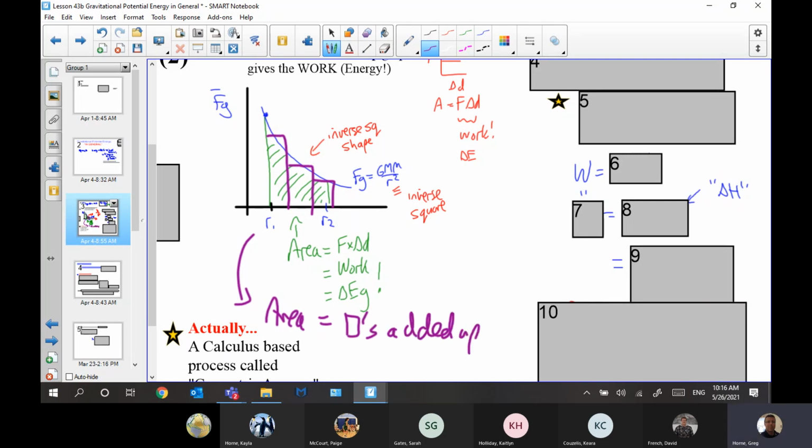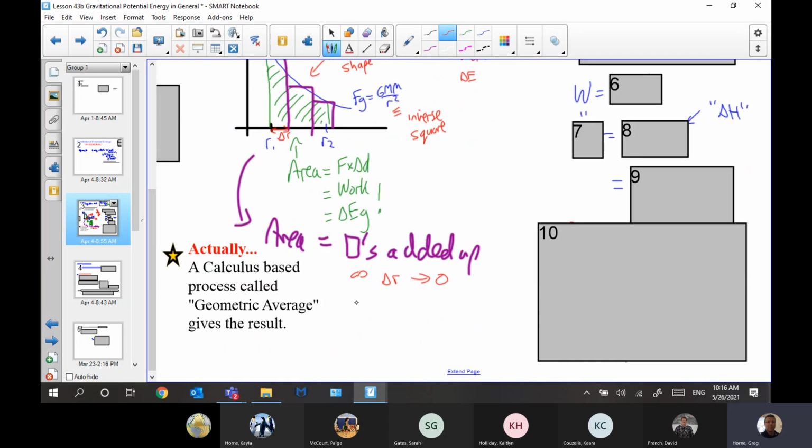And then the idea is this size here. If we look at the width of that rectangle, let's call it Δr, as Δr gets really, really small, the area approaches the correct value. Okay, so area approaches actual work done. Basically, it would give you the equation value of the Gmm over r.